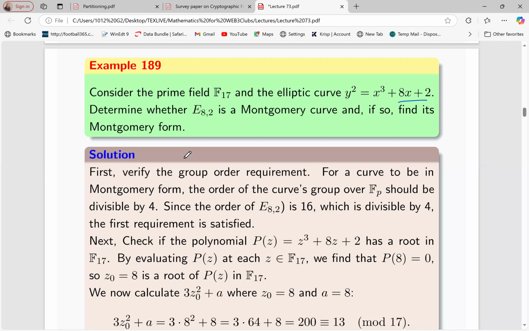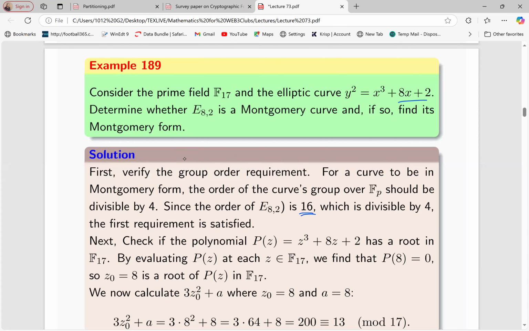For this you can use our Rust code for determining the order of an elliptic curve. So I did that and I discovered that this curve has 16 points.